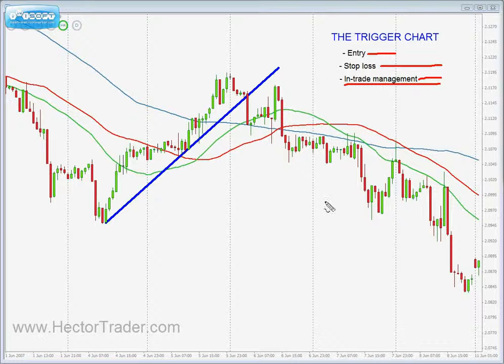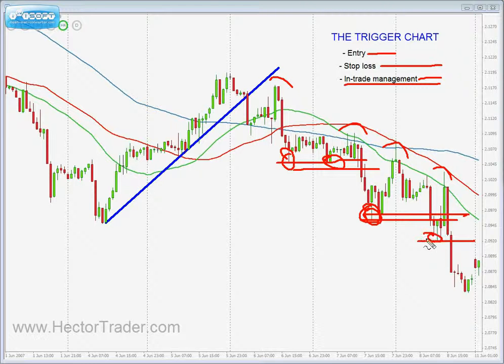In this case, I think in-trade management is explained in chapter number 6, but very quickly I will explain how we keep on breaking different levels of support in the setup chart. Price keeps on making lower highs, keeps on breaking levels of support, always in the direction of the trade and in the direction of the trend, which means that, well, so far so good.